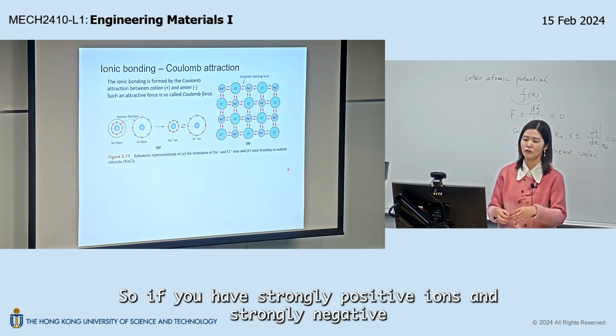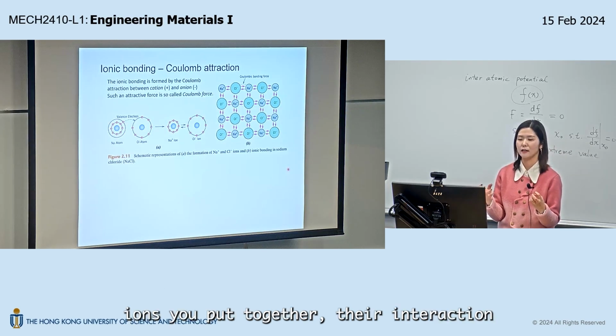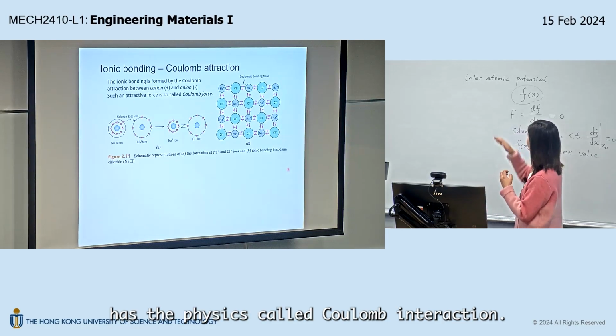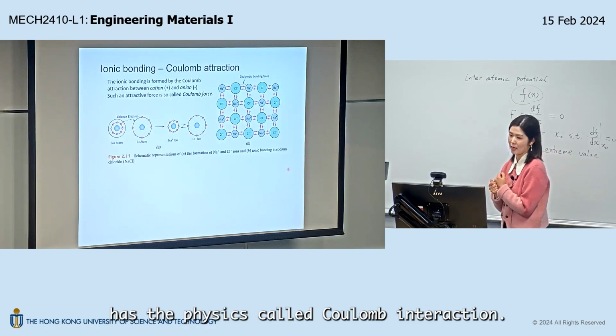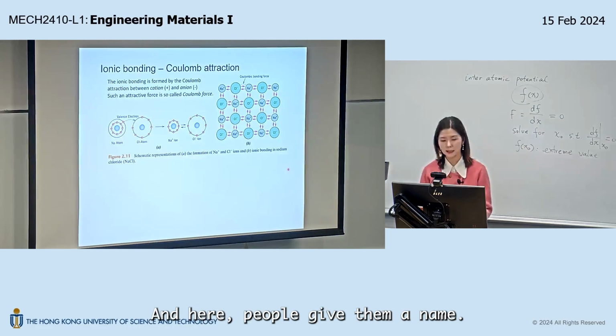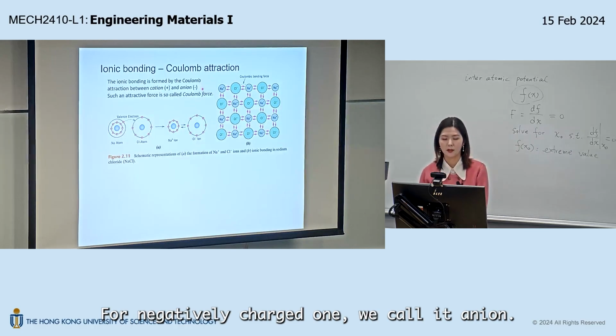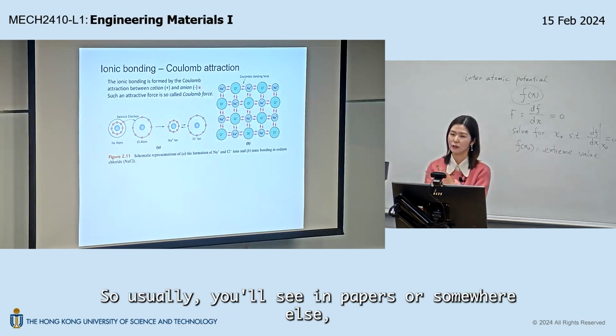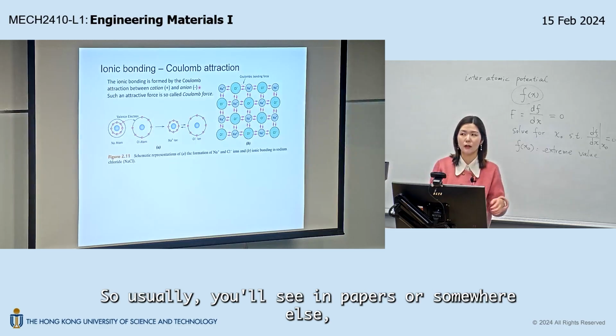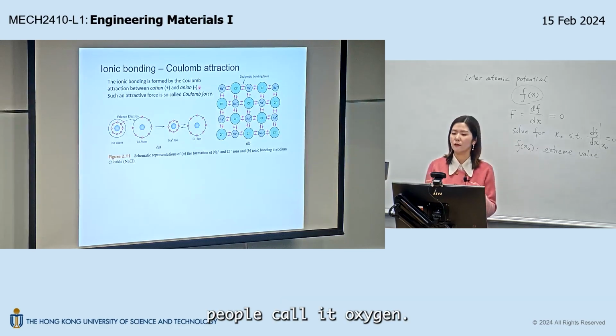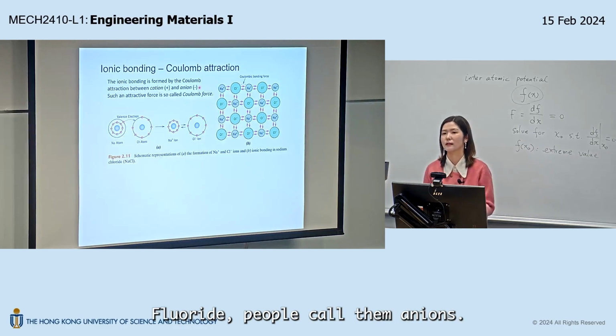So if you have strongly positive ions and strongly negative ions you put together, their interaction has the physics called Coulomb interaction. And here people give them a name. For positively charged one, we call it cation. For negatively charged one, we call it anion. So usually you'll see in papers or somewhere else, people call oxygen, fluoride, anions, right?